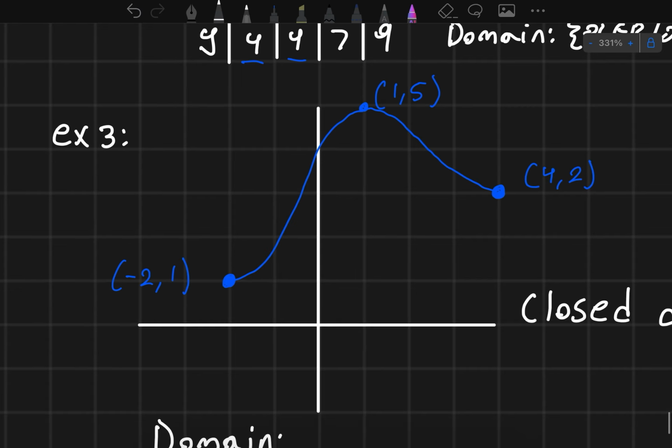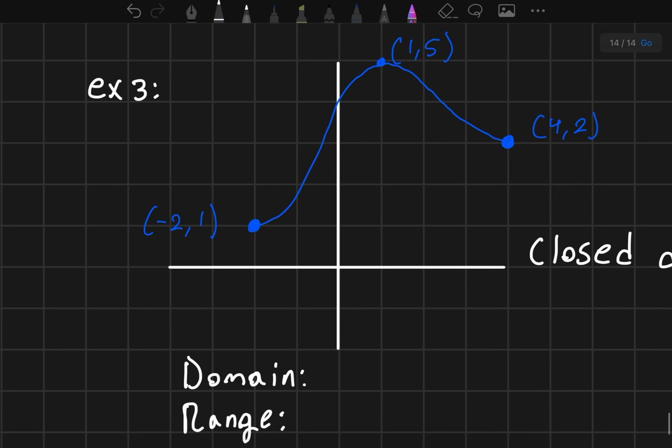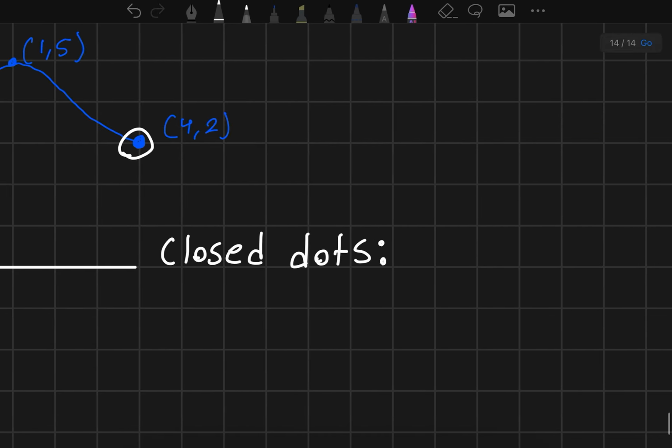Now let's work on finding the domain and range from graphs. So with graphs, first we have to analyze the starting and end points. So here we can see the starting points are closed dots. And closed dots basically means that those points are included.